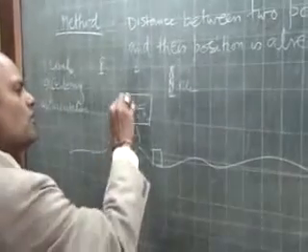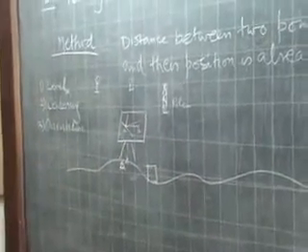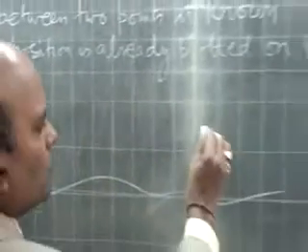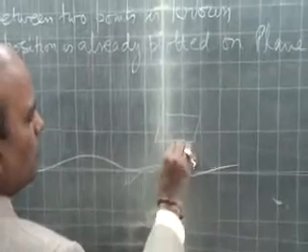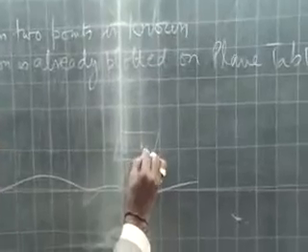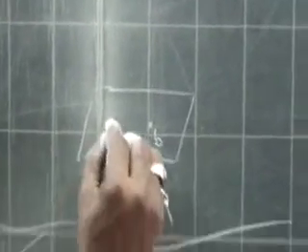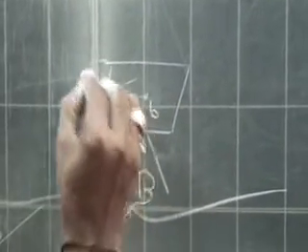Once we draw all the rays from point A, then we will shift our plane table from A to B. So this is my point A, this is my point B, and I have already drawn the rays from A to various points.